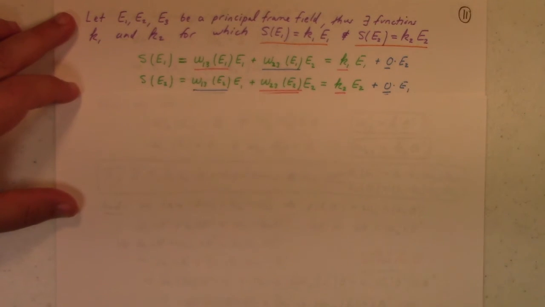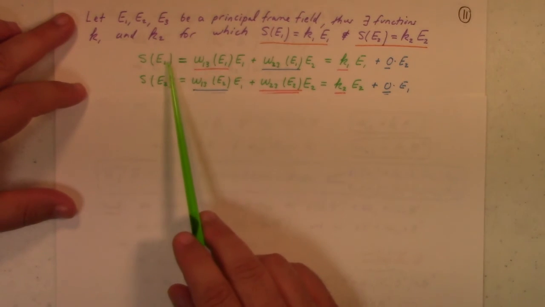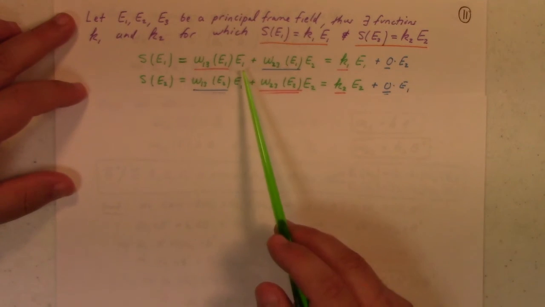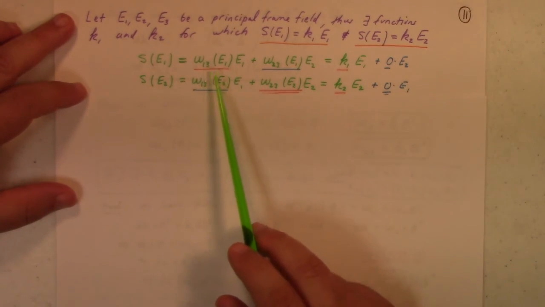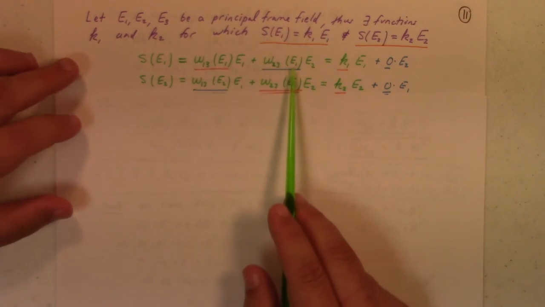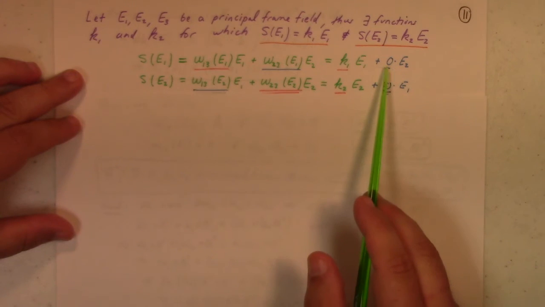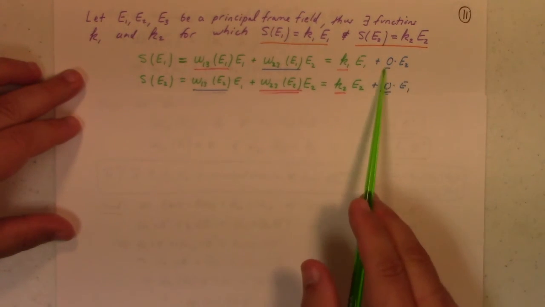If you look then at the shape operator of E1, going back to that page 4 proposition we had, I can expand the shape operator in terms of the 1-3 and 2-3 connection forms. And on the flip side, of course, I can write k1 E1 plus 0 times E2, right? Just use your imagination. There's 0 times E2 there.